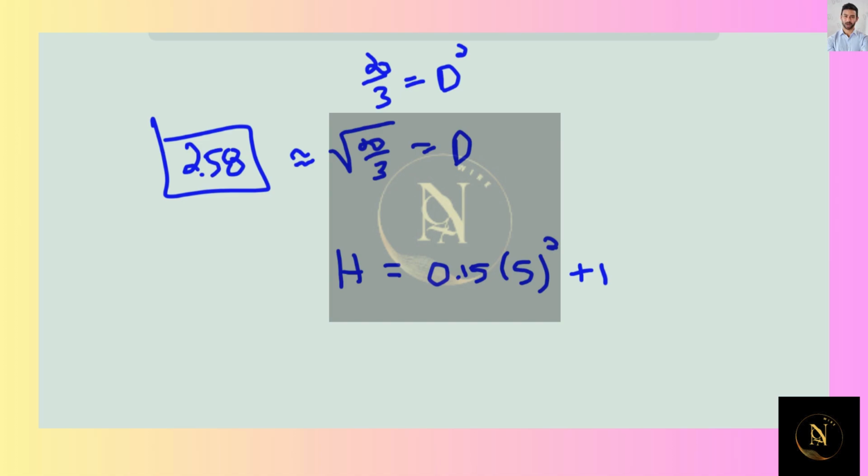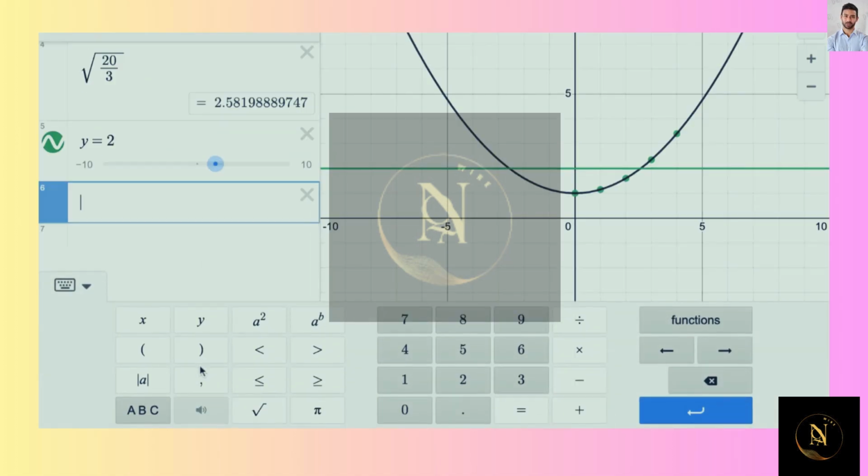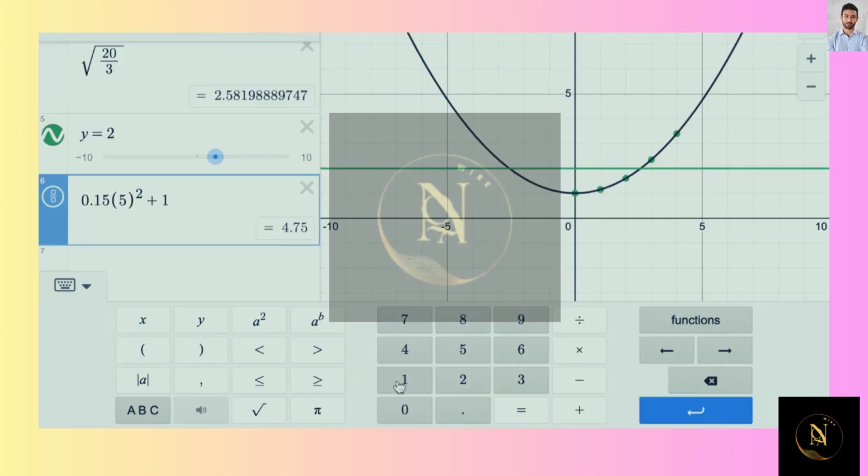And 0.15 times 5 squared plus 1 is 4.75.